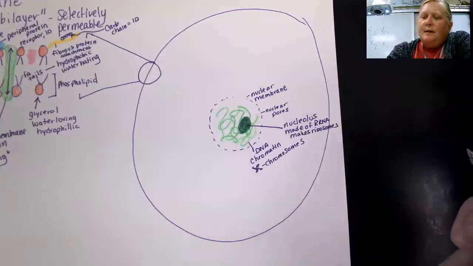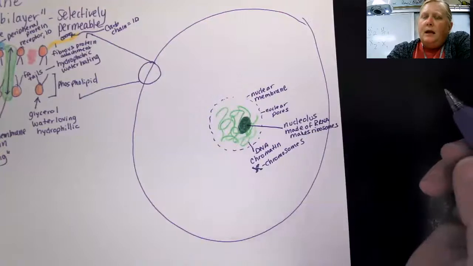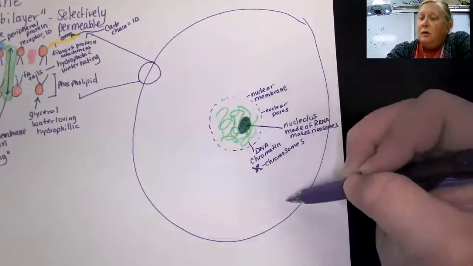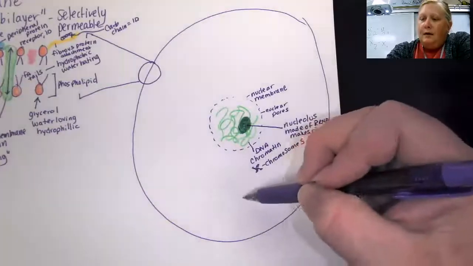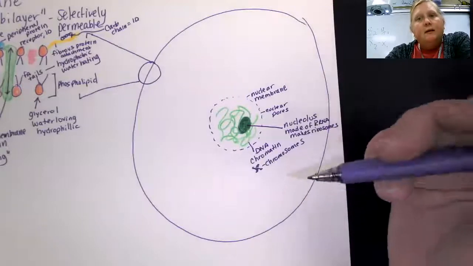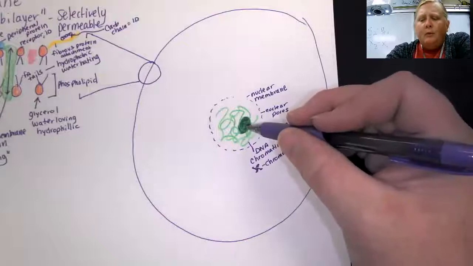Its job is to make ribosomes. It's making the ribosomes, and the ribosomes are coming out of the nucleus. And those are the sites of protein synthesis. So a pretty important piece.